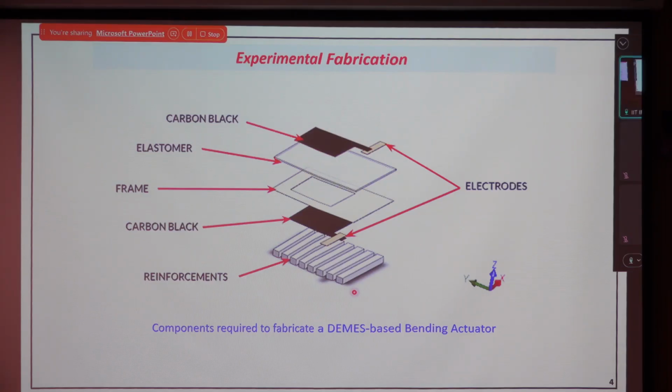That's why I am saying that initially people develop simple bending actuators and then club them together or assemble them on a common platform to get different configurations. But that is a very crude approach. You cannot develop things like this.